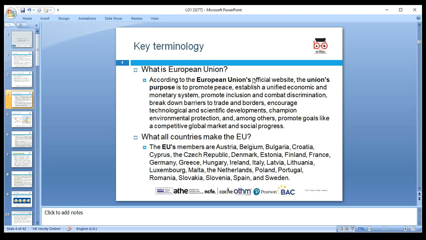Those are the key objectives, so we can observe for ourselves whether the objectives as a union have been achieved or not.